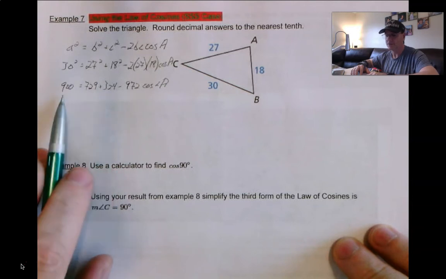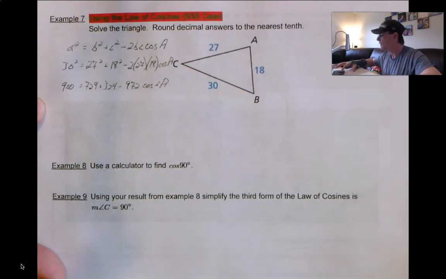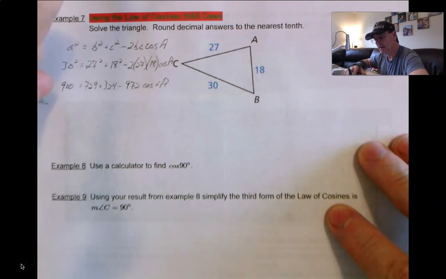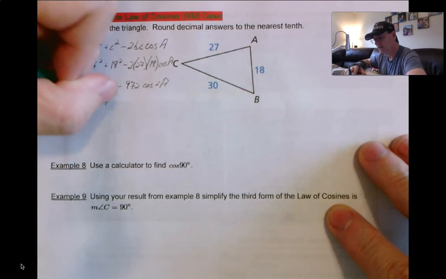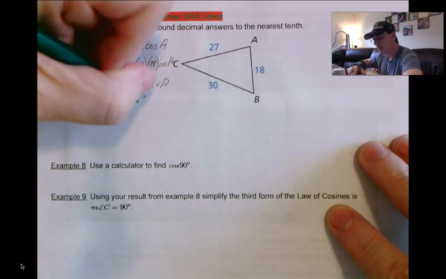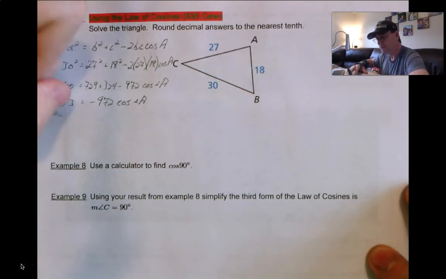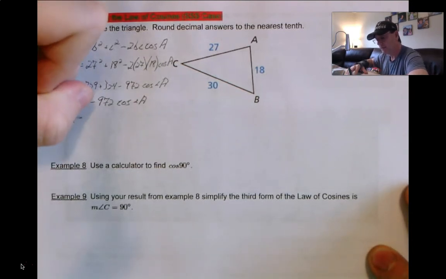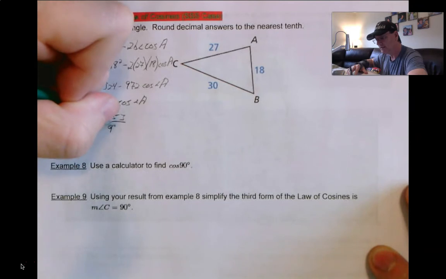In fact, I'm going to subtract 729 and 324 from the 900. 900 minus 729 minus 324 equals negative 153 equals negative 972 cosine of angle A. I'm going to divide both sides by negative 972, so I now have cosine angle A equals positive 153 over positive 972.